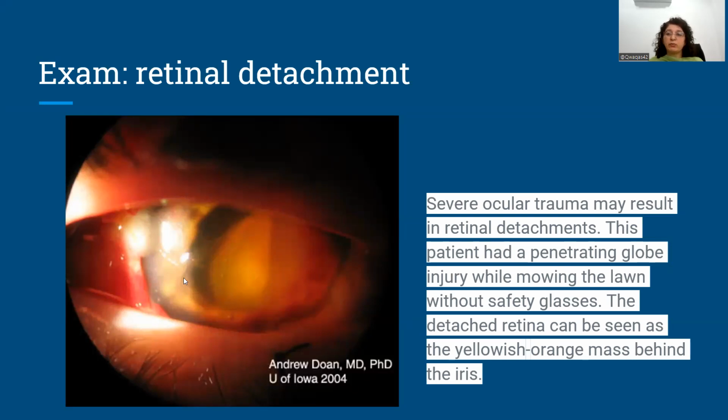They were mowing with those automated machines, lawnmowers, and there was an object that flipped back and entered the eye, causing the retina to tear and detach. And you can see the retina as this orange mass behind the lens.